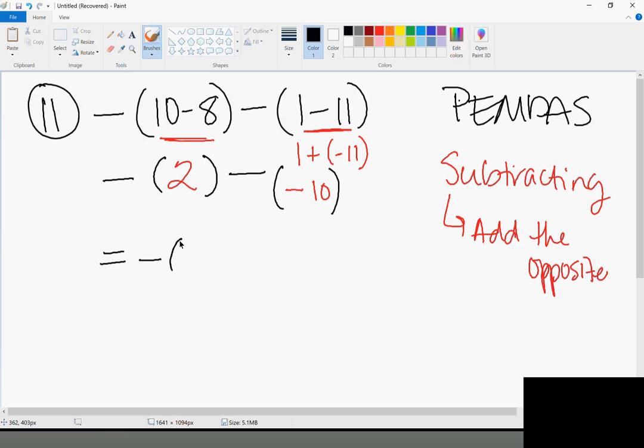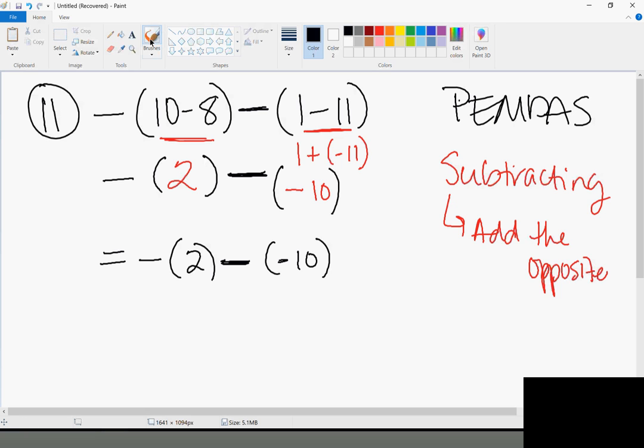Let me write that a little better. We have negative times 2 minus negative 10. So notice that this minus here is this one here. Okay? This negative in the parentheses comes from 1 minus 11. So now let's continue to simplify.